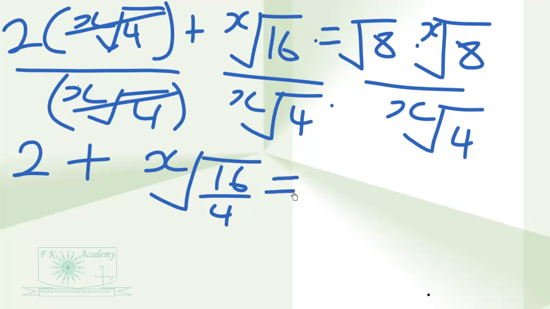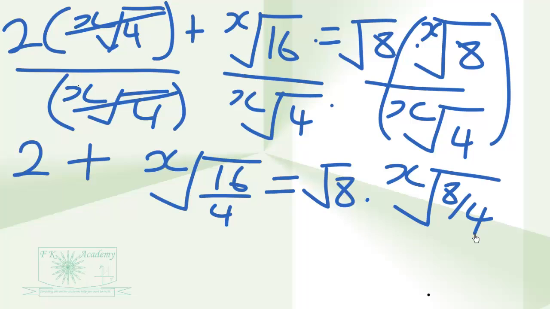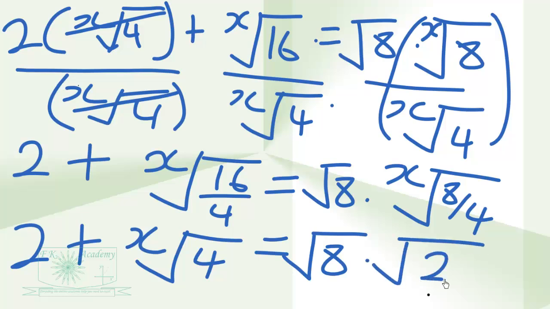And this will be equal to, so we are going to target this and this as well, square root of 8 times x root of 8 over 4. So we can simplify further. This gives us 2 plus x root of 4 is equal to square root of 8 times x root of 2.